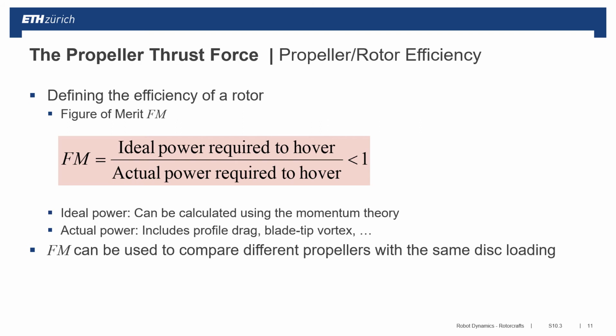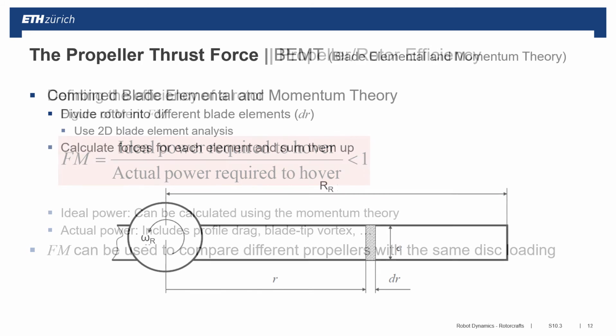So the actual power also includes profile drag, blade tip vortices, and a lot of additional effects. So the figure of merit typically allows you to compare different propellers with the same disk load and allows you to select the most appropriate one for your application case.